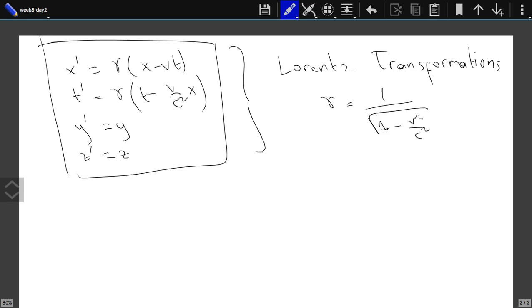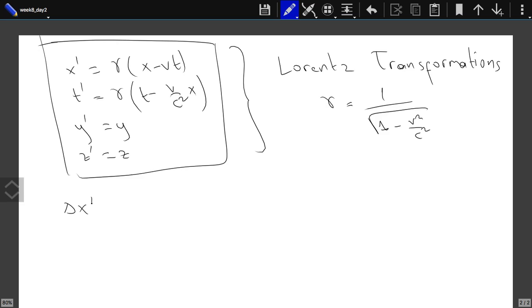In the Lorentz contraction, we measure the position of 2 points at the same time. So there are 2 events: the beginning of the object at a given time, and the end point of the object at the same time. At least in one reference frame, their position is measured at the same time.